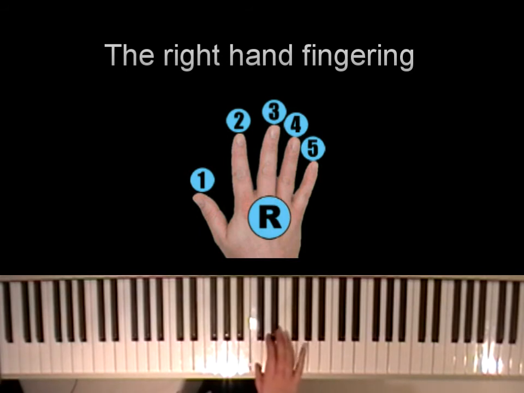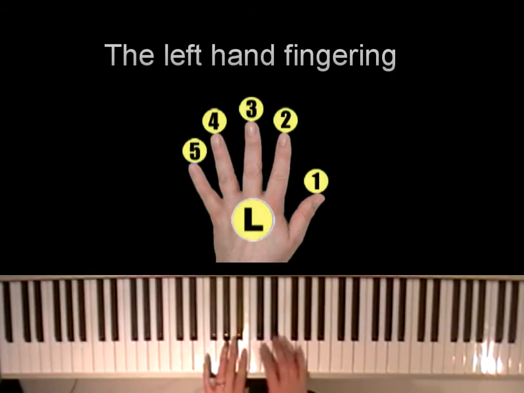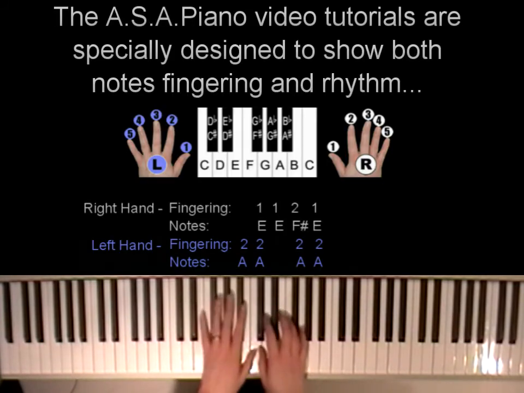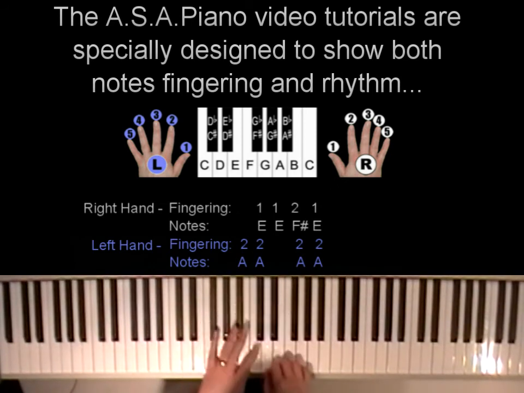Left hand, again, 1 is your thumb, 2 is your index, 3 is your third, 4th is your 4th finger, and 5th is your pinky. So when you see those numbers on our videos, try and use the advisable fingering guide if you can.